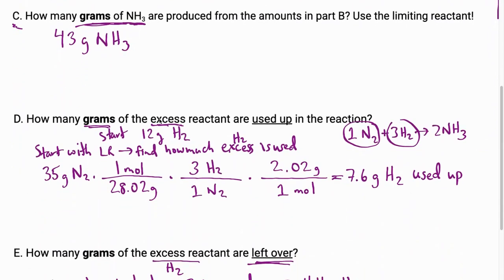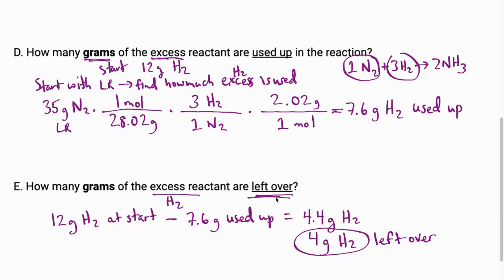Then, when asked for the amount of excess reactant used up, we took our limiting reactant and figured out how much of the excess is needed to use up that limiting reactant, and we got that amount. And then finally, to figure out how much was left over, we subtracted from the amount that we started with, and we got the amount that was left over.